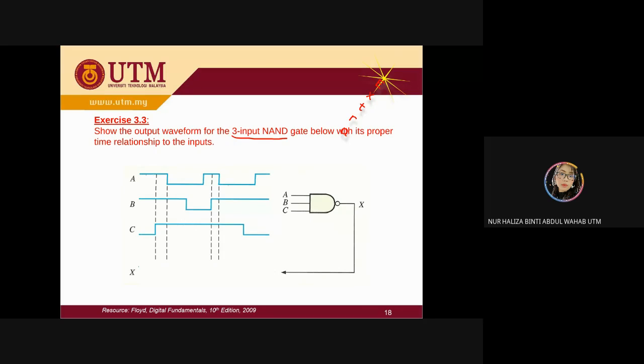Let me first put in the values: 1, 1, 0, 0. Before I have this, I have another break over here, and then 0, 1, 1, 0 until this part.